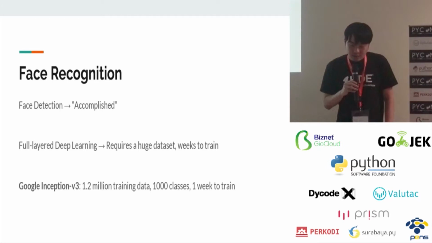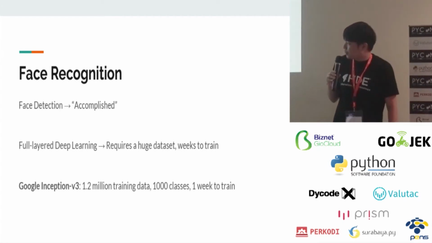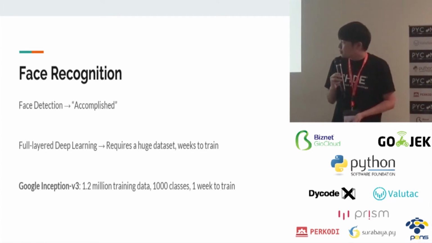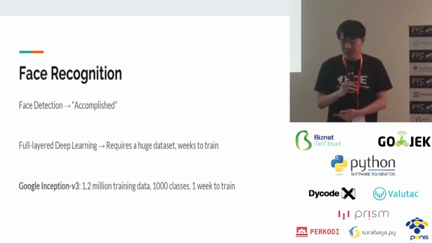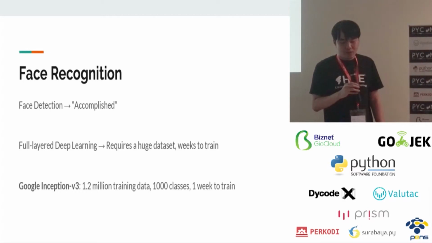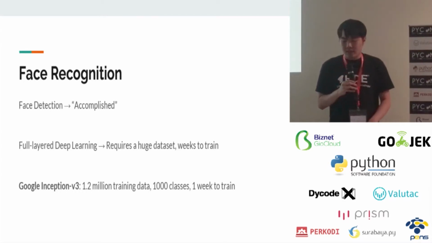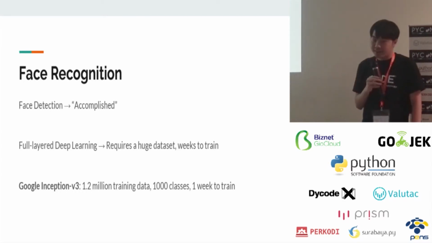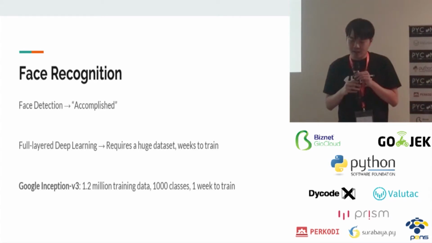And now, before I already talked about the problem with deep learning, right? It requires a huge dataset, and Google itself, when they created the Inception V3, it took around 1 week to train the entire 1.2 million training data for 1,000 classes as the output.